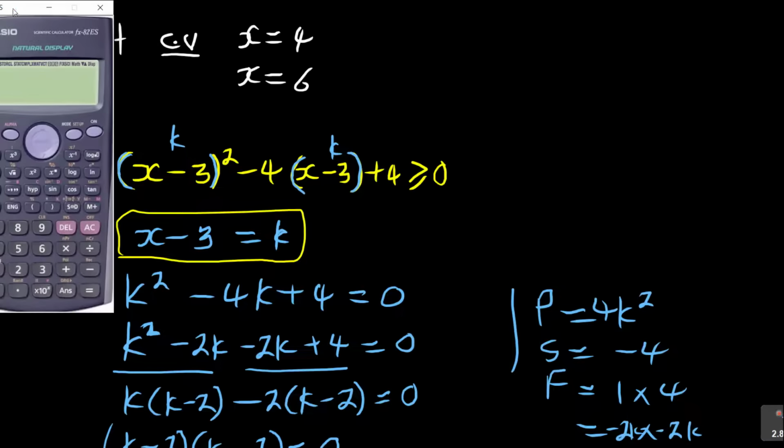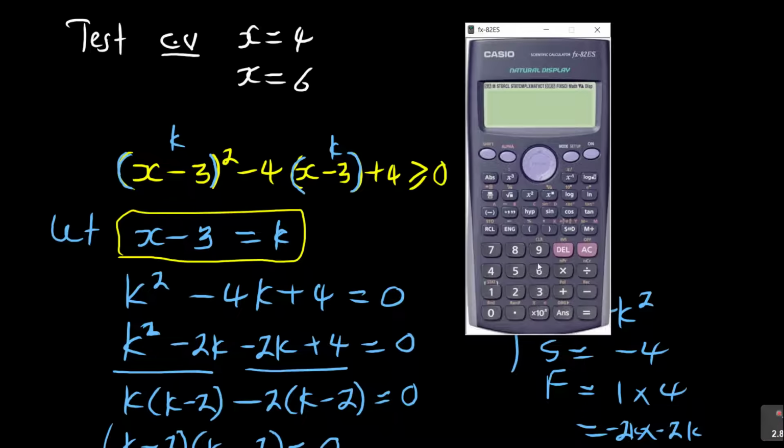So let's look at that. The aim is to test whether it's a positive answer or it's a negative answer. So where there is x, as I said, it will be 4. Let's start with 4 minus 3 squared minus 4 bracket 4 minus 3 and then plus 4. So I've got bracket there, 4 minus 3 squared minus 4 minus 3 plus 4. So I'm getting a positive 1. So it's positive. Let's try 6.